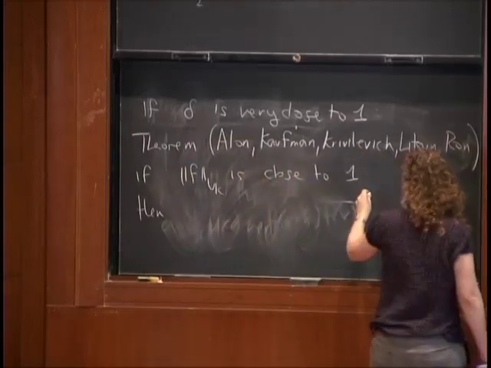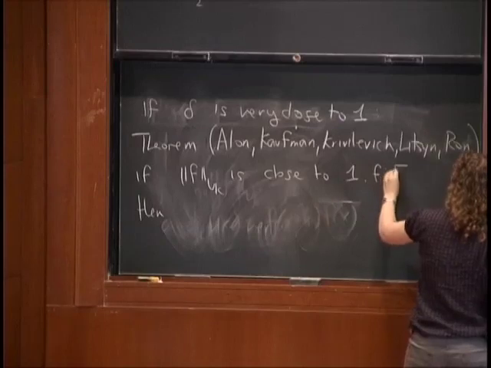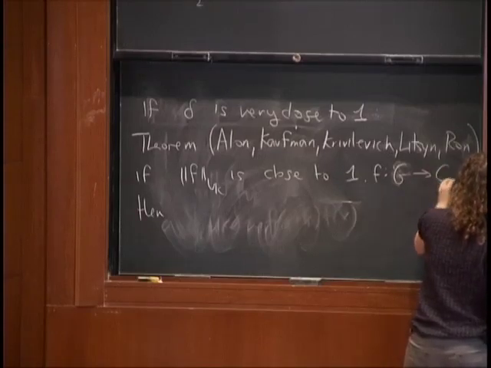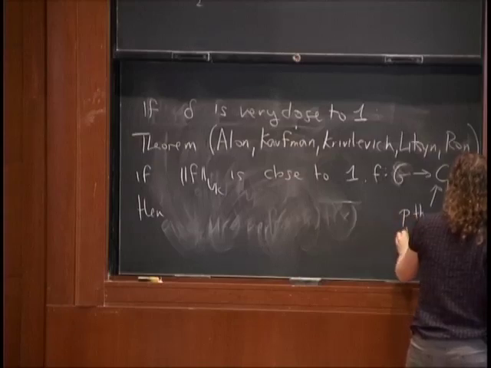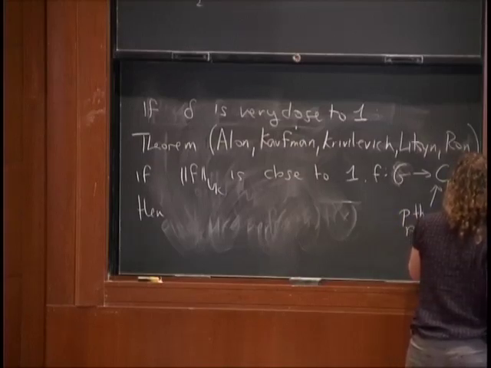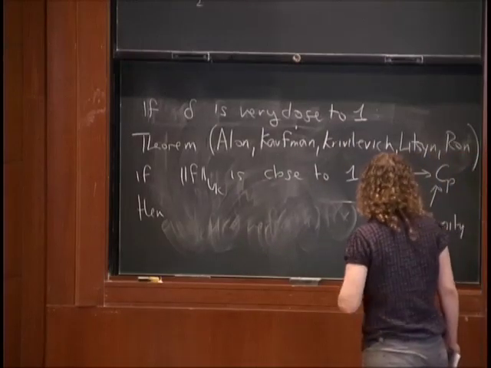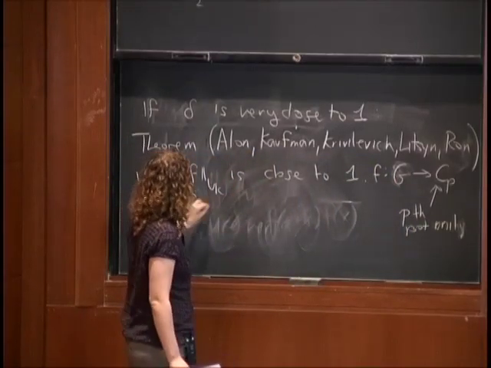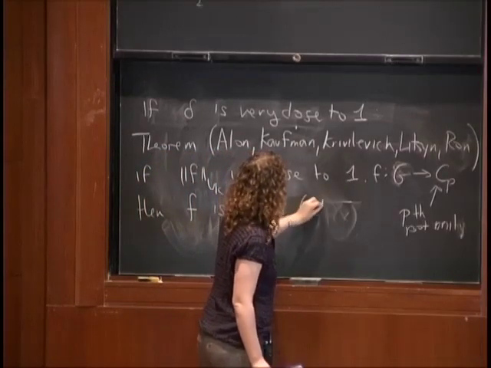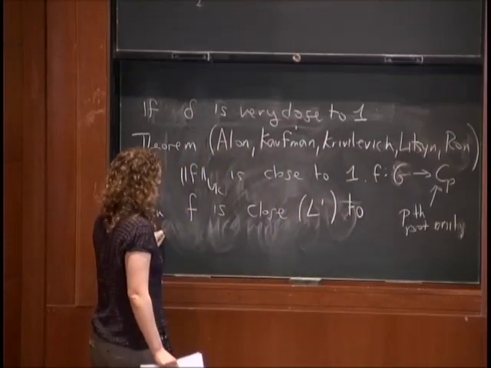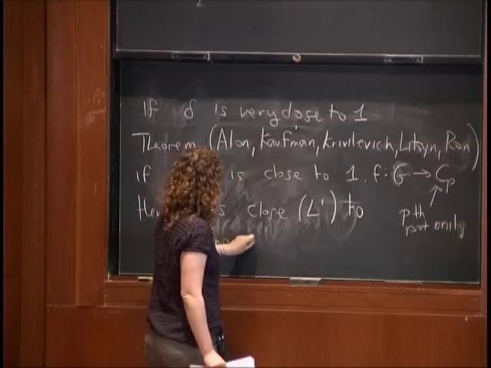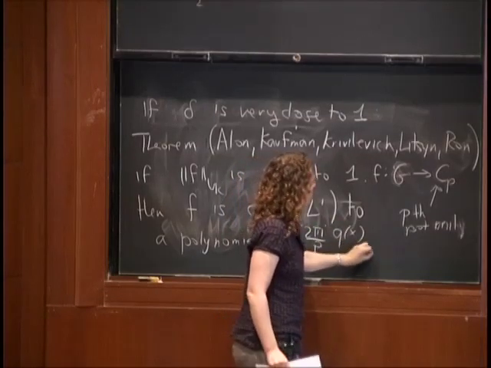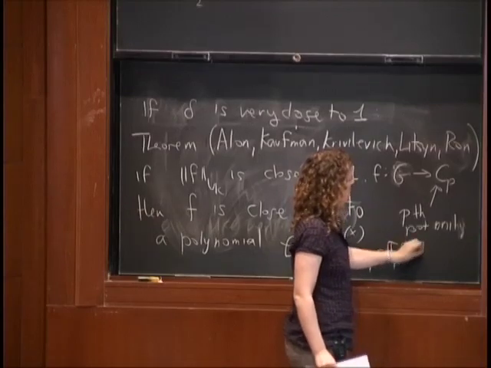in their context, f was a function from our group G, F_p^n, to C_p, the pth roots of unity. Then if it's close to 1, then f is close, say in L1 norm, to a genuine polynomial of the form e to the 2 pi i over p q of x, where q is a polynomial over F_p.